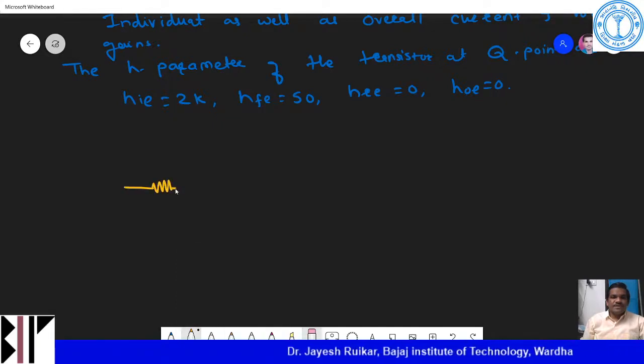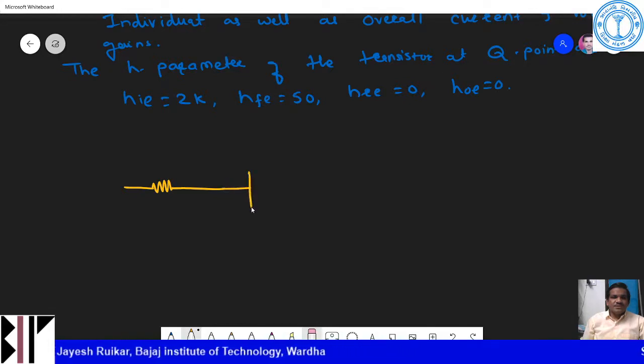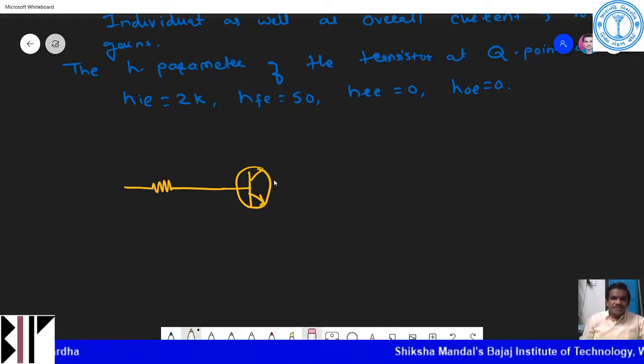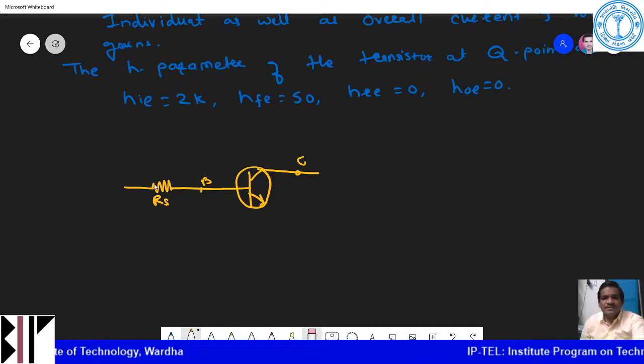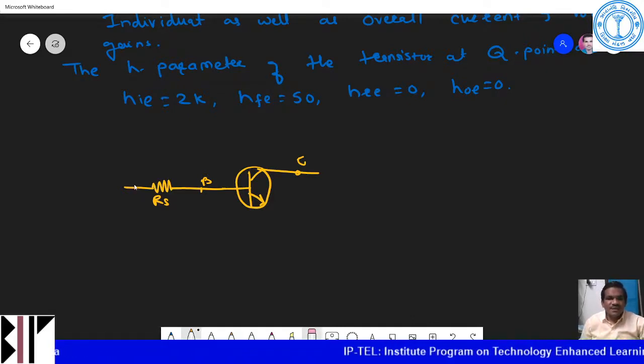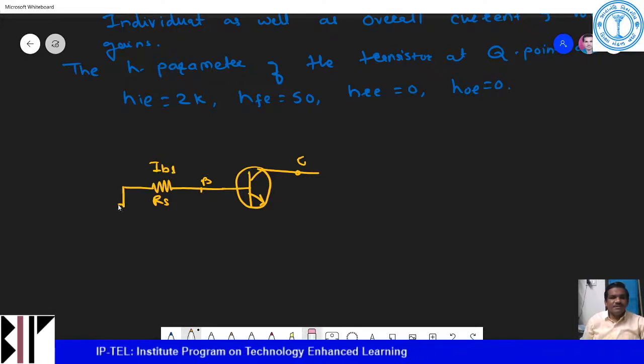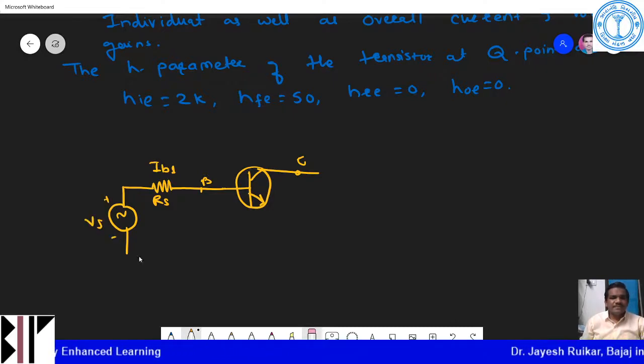So I will draw. This is my source resistance. Then I need one transistor here, that is the first transistor. This is the collector of the transistor, and this is the base of the first transistor. This is my RS, and the current flowing through this resistance, as this is the first stage, I will call IB1. Here I have the voltage source Vs, plus minus this side, and then go down.